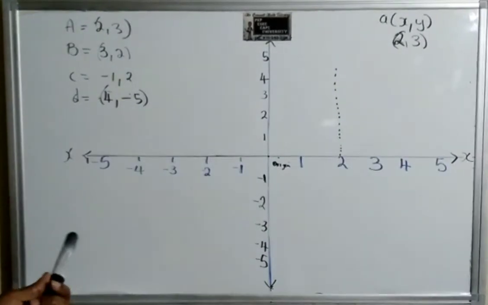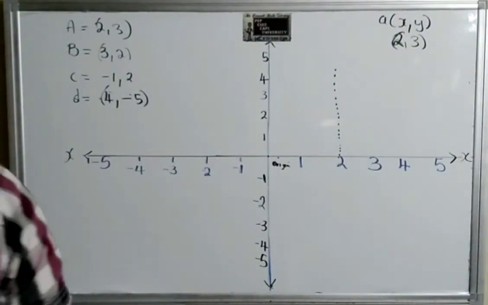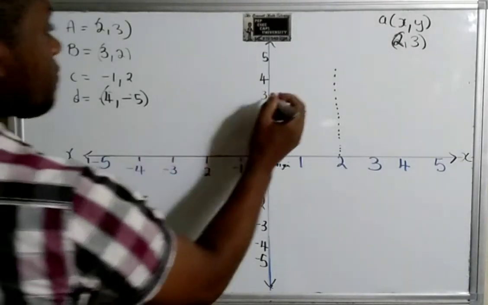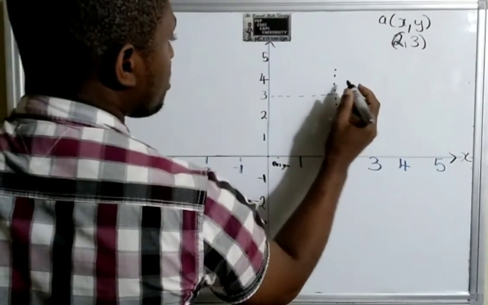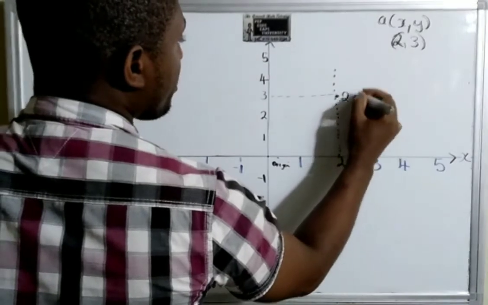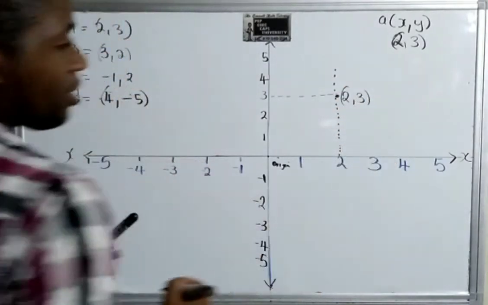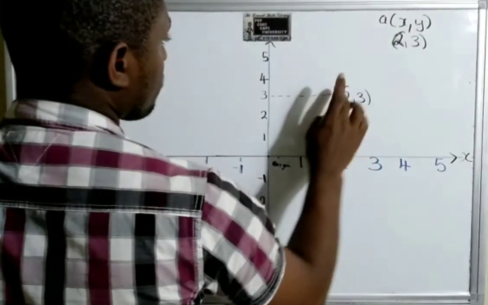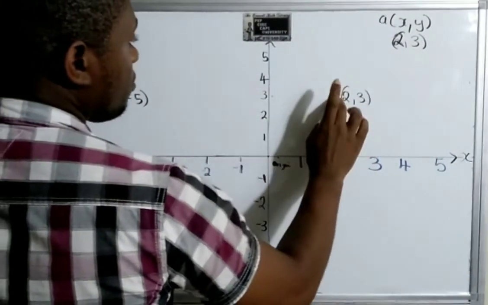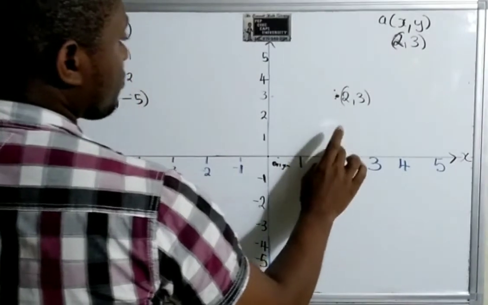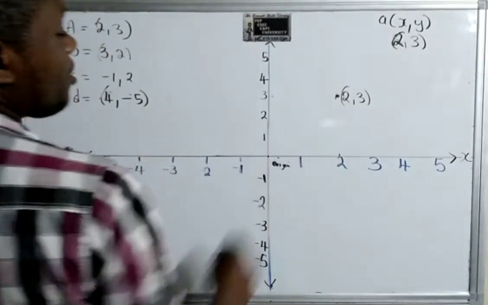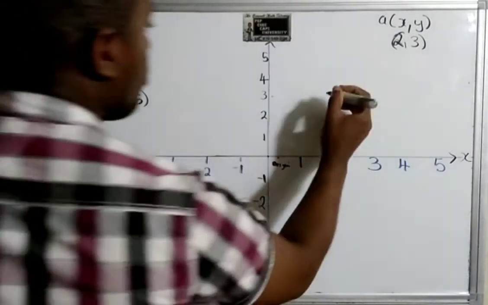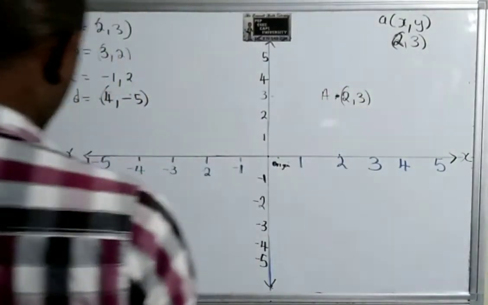They dot that line, and then they draw from 3 another dotted line, and where they intersect or meet, that is the point, and then they rub it out. That's what I see them do. So that's the point (2, 3), and that point is A. So we can just label it.